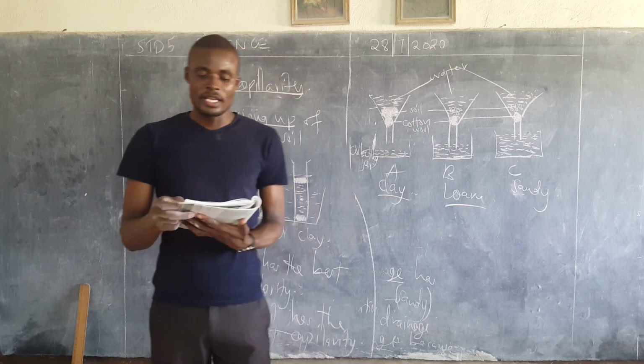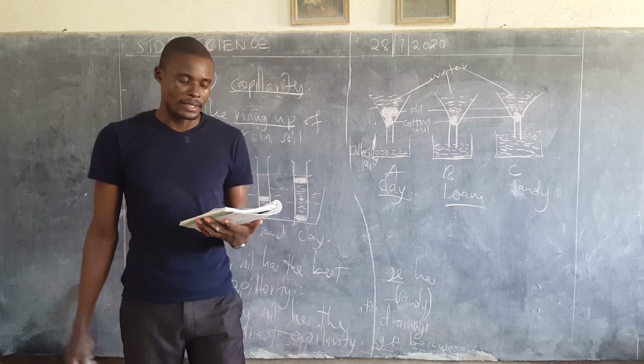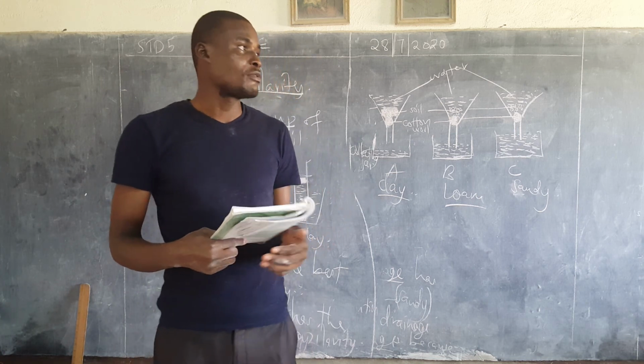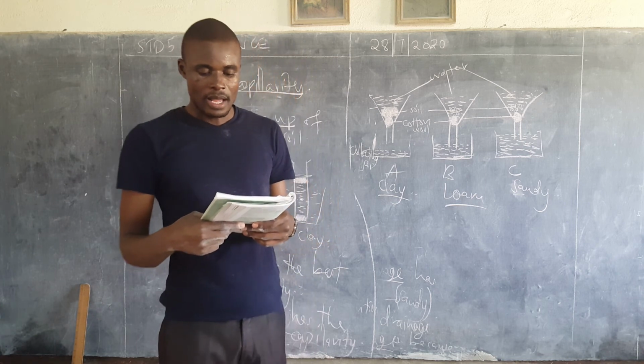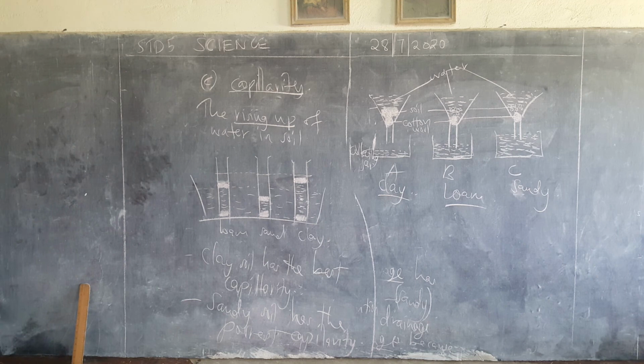So we are just remaining with the characters of different types of soil. We mentioned that sandy soil has the best drainage. As you remember, it also has the poorest capillarity.